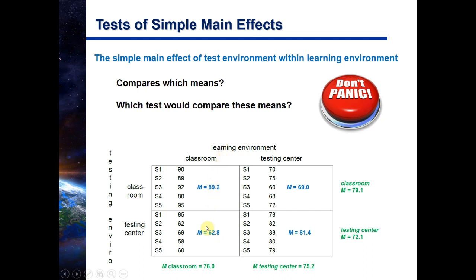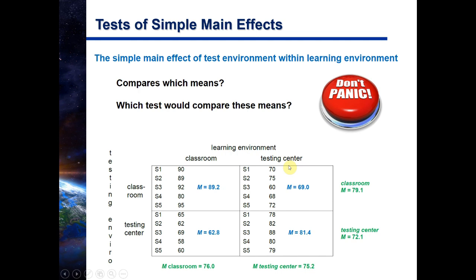Okay, so that's comparing the means for testing environment, but separately for the classroom learning environment. So 2 means, same people in each, right? What's that? A dependent t-test.